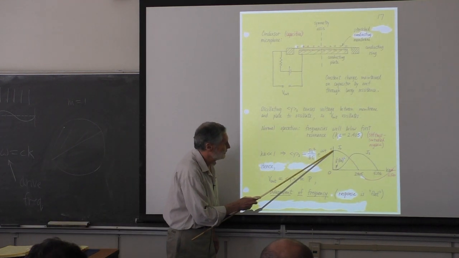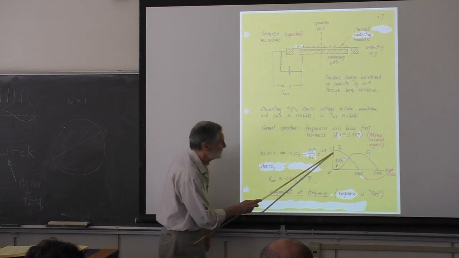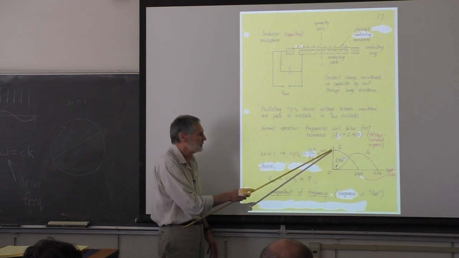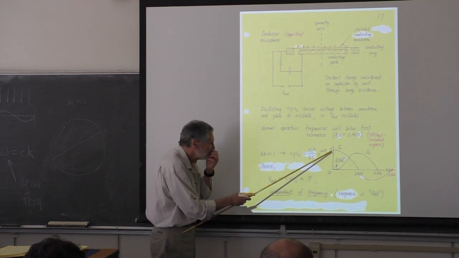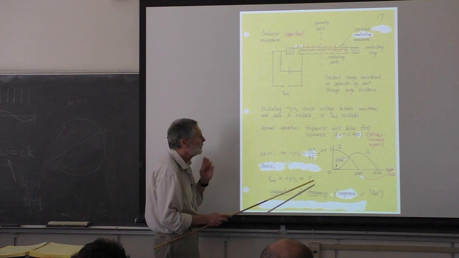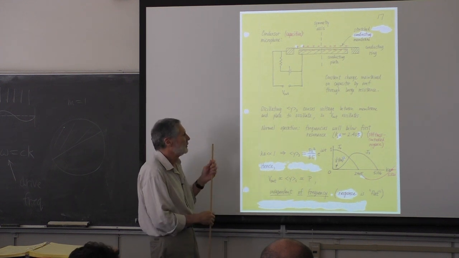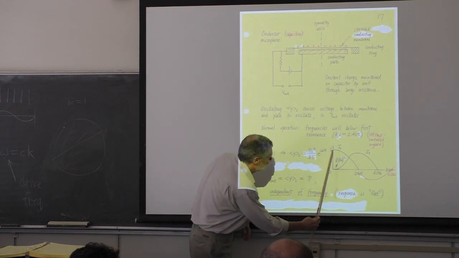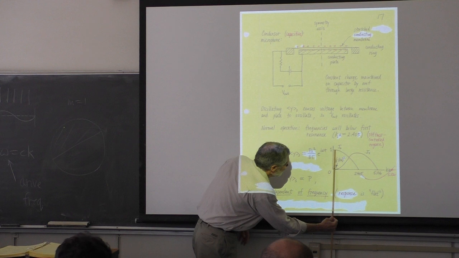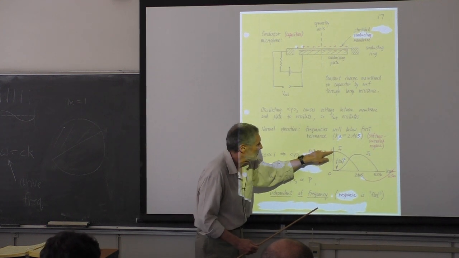J0 is the only Bessel function that starts off being non-zero here. And it has this damped sinusoid. It starts off normalized to 1. It's just chosen to be 1, okay? So J0 for this low frequency or long wavelength sound compared to the radius of the diaphragm, we're going to be down in this region right here.